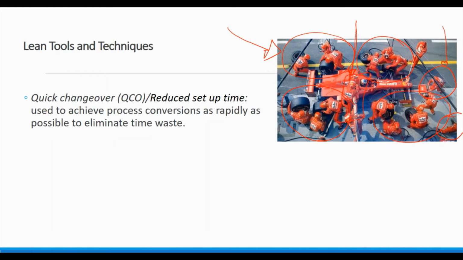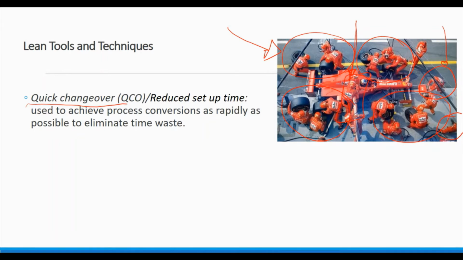Okay, so when you're doing quick changeover, think about, for example, a grocery store or any kind of store that has a cashier. When they're changing the shifts of the cashiers, normally you will see one cashier come in with a drawer full of money. One cashier goes in, the other one takes the drawer out and goes out, so that the customer is not waiting for the changeover.